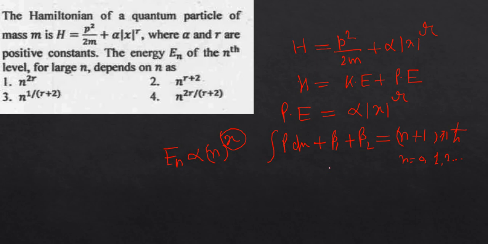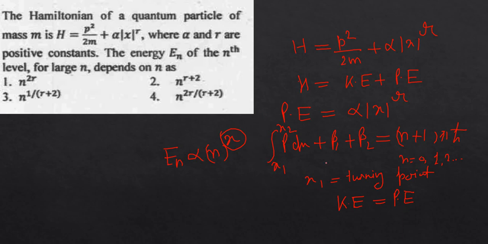If it has two rigid walls or it has one rigid wall, so beta 2 value will depend upon the rigid wall, and the limit you will take from x1 to x2, and x1 x2 are the turning points where the kinetic energy will be equal to the potential energy. So from equating the kinetic energy equal to potential energy, we will find out the value of x1 and x2.